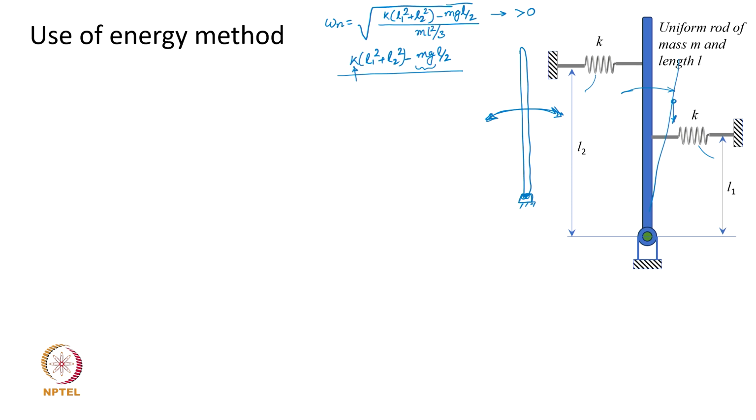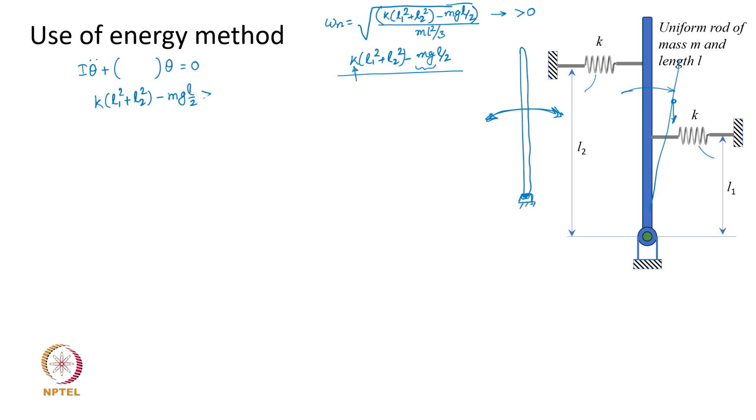Okay. Let us look at what happens in the equation that we discussed, that is, I theta double dot plus this entire bracketed term times theta equal to 0. This bracketed term was basically the numerator here. Now we take the case where k(L1² + L2²) minus mgL/2 is actually equal to 0, that is the threshold point.